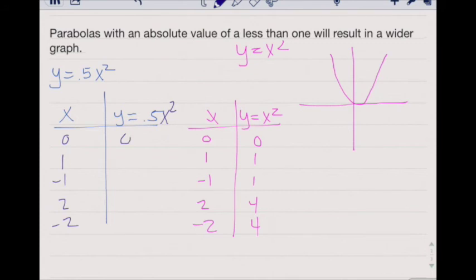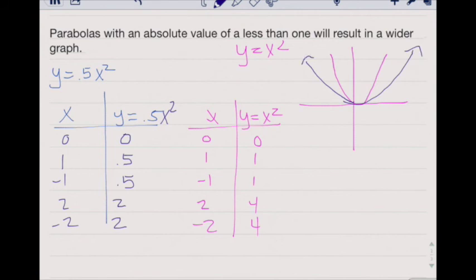So 0 times anything is still going to be 0. If I plug this into my calculator, I'll get 0.5 out. And same thing here. And if I do this with 2, I'll get 2 and 2 out. So if I were to plot this out on my graph, it would look like that.